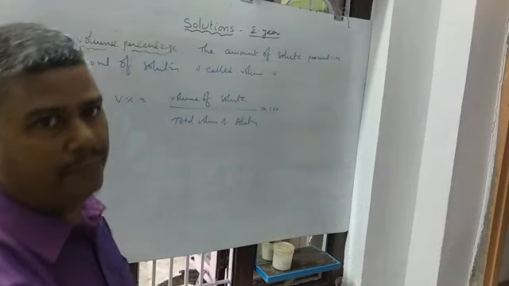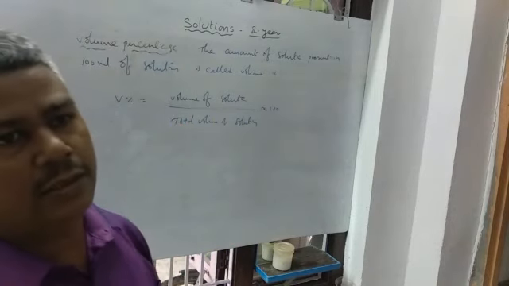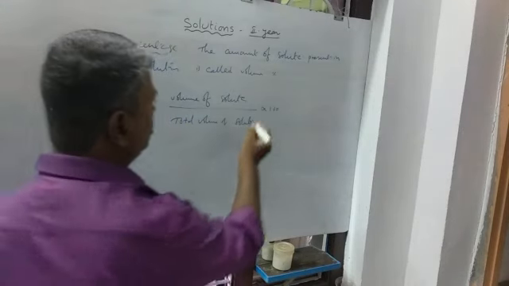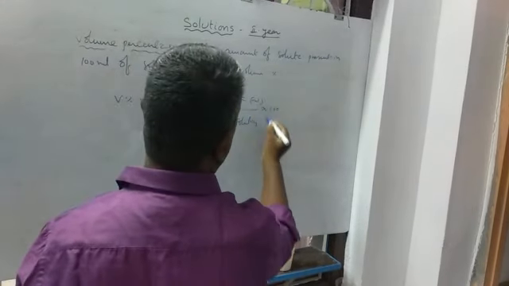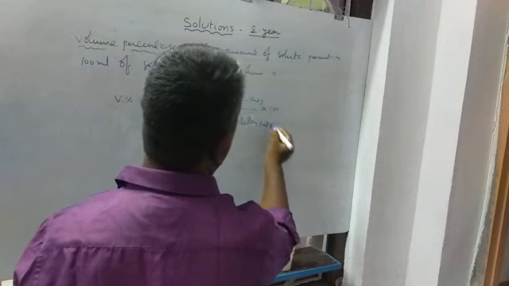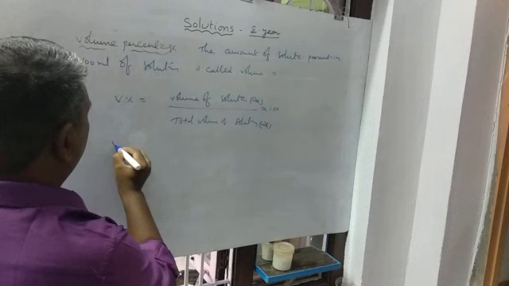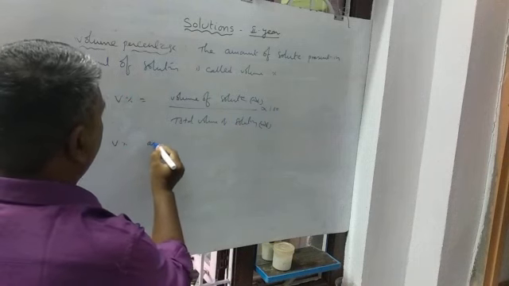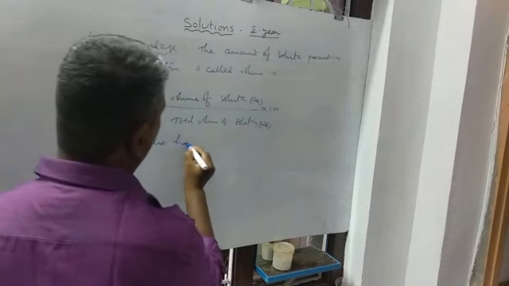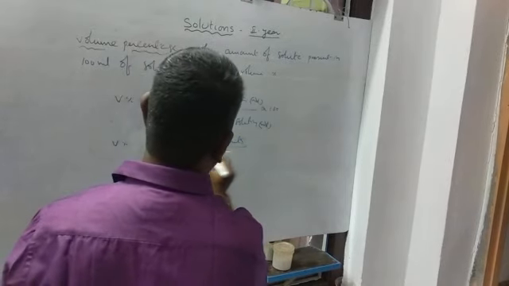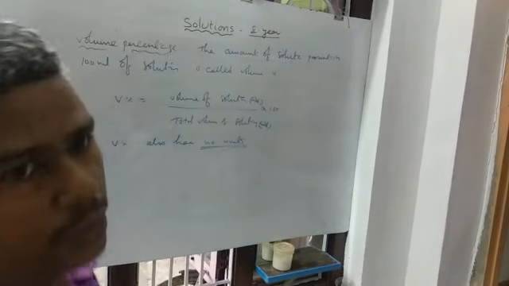This is also one of the methods to express concentration of a solution in terms of volume. It is also measured in ml, so both are cancelled. Then volume percentage also has no units.